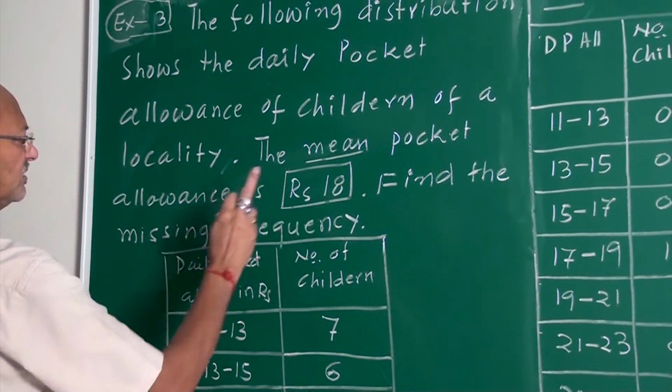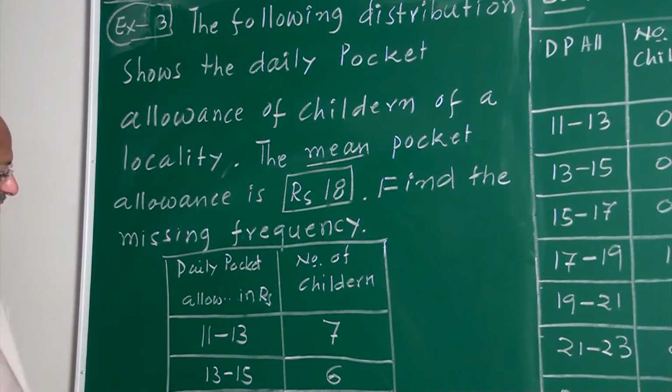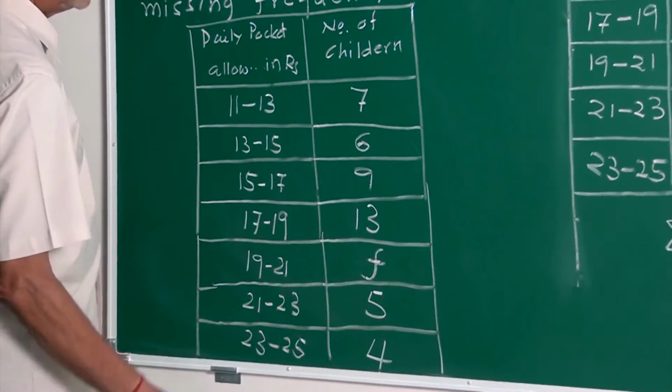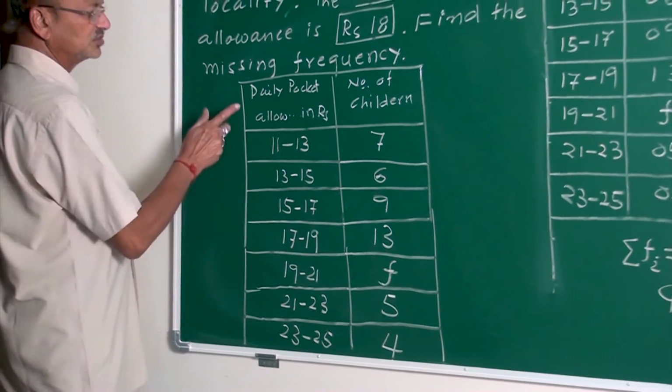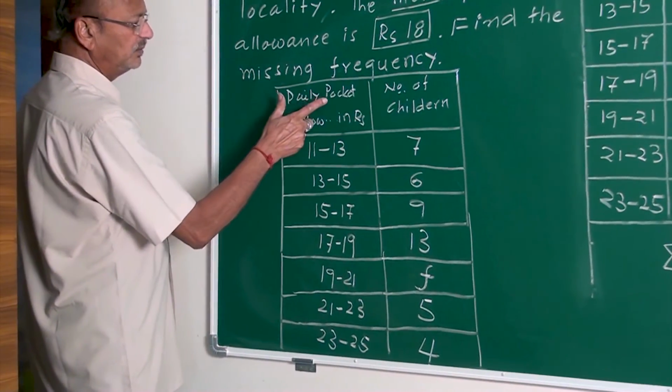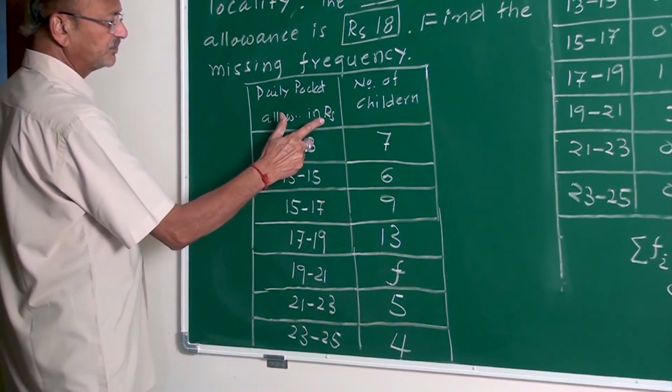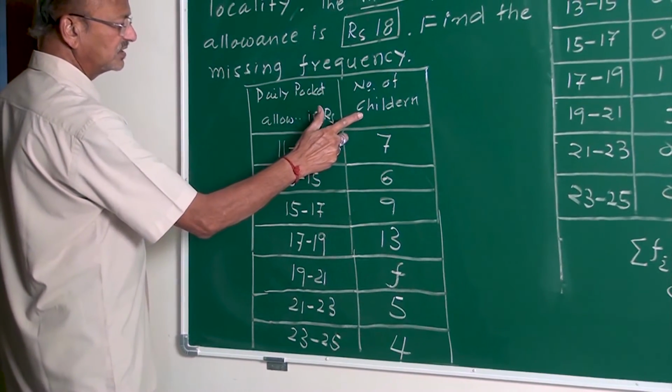Then you want to find the missing frequency. This is the frequency distribution. This is the daily pocket allowance in rupees. It is the number of children.